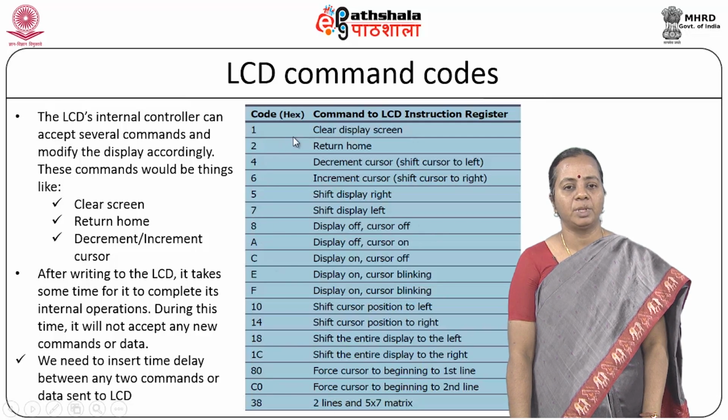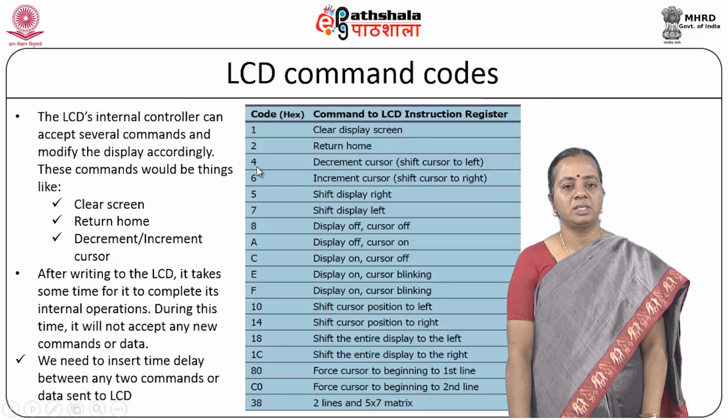If I send 1, it clears the screen. If I send a 2, it returns to home. If I want to decrement the cursor, then 4 is the hex code I have to send. If I want to shift the display right, then I send the command 5 to the LCD. So these are the hex codes sent as commands to the LCD to tell it what is to be done.